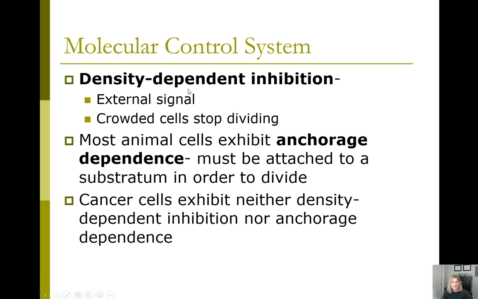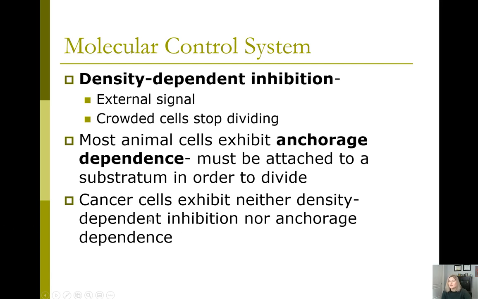So that's density-dependent inhibition. So we're inhibiting the cell from dividing when it's very densely packed. So most animal cells exhibit this anchorage dependence, where it must be attached to some sort of substratum in order to divide. So that's another way that in order for cells to divide, they must be attached to something. So here's a couple of things that need to occur in order for the cell to divide. It cannot be crowded, and it needs to be anchored.